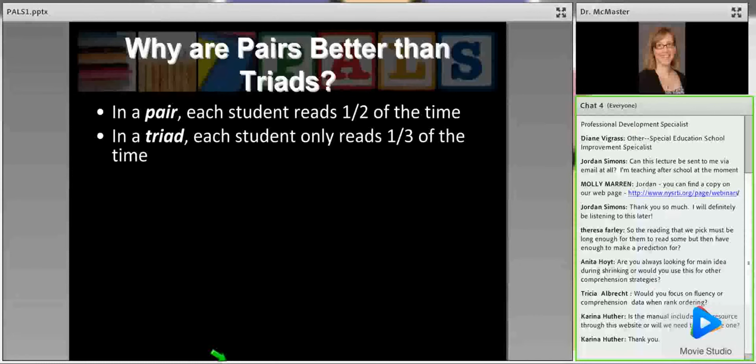In a pair, each kid gets half of the time to read, whereas in a triad, each student only reads for a third of the time. And it's a little bit more difficult to manage attention and behavior, especially if you have kids who are already having difficulty with those things. So I would try to avoid putting kids with disabilities or kids who are struggling for some reason in a triad.